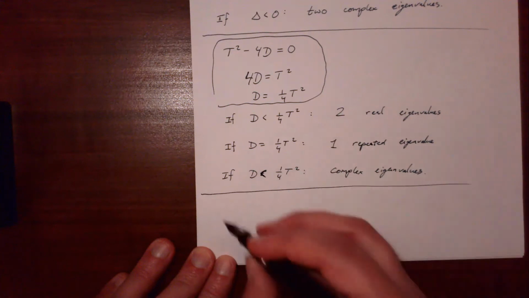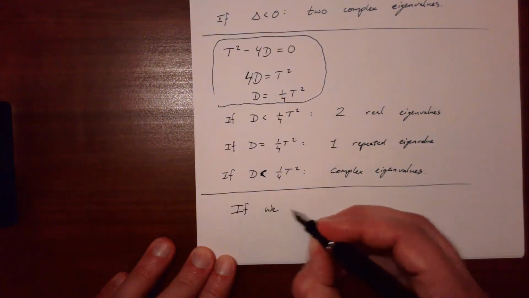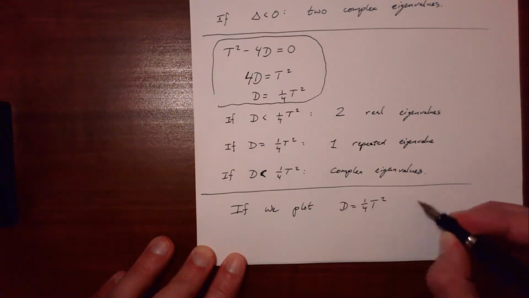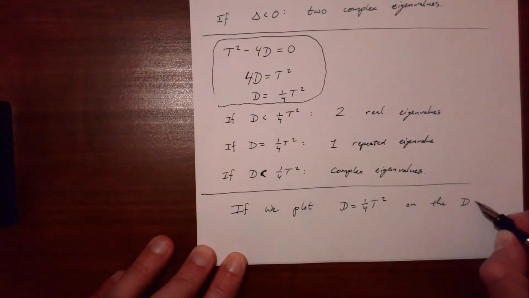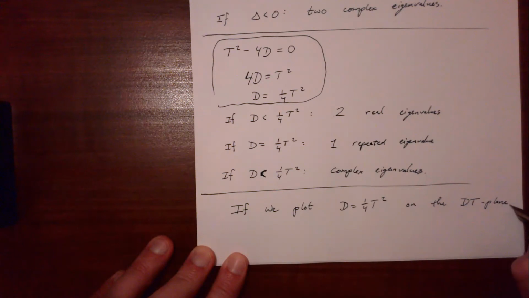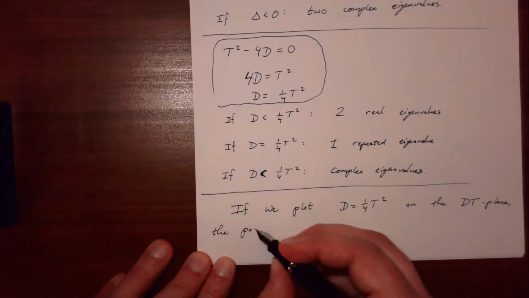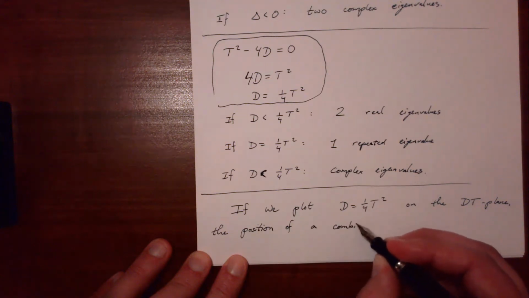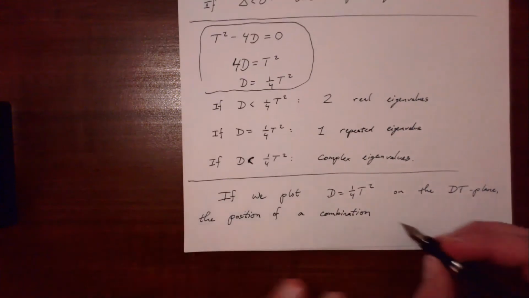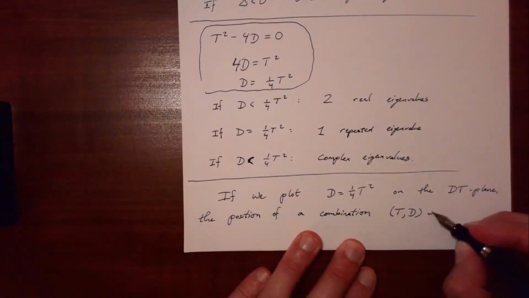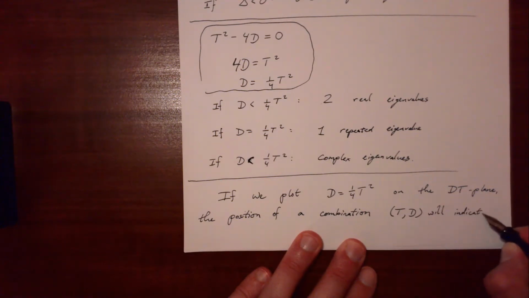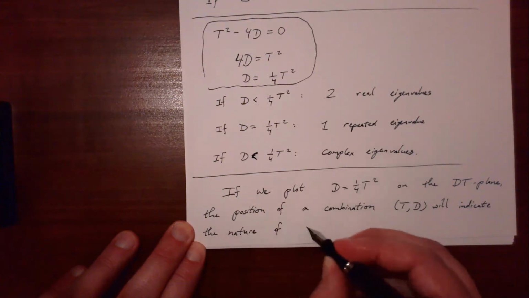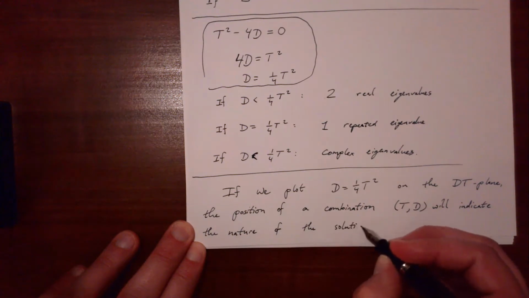So then, if we plot d equals 1/4 t squared on the dt plane, the position of a combination t comma d will indicate the nature of the solutions.